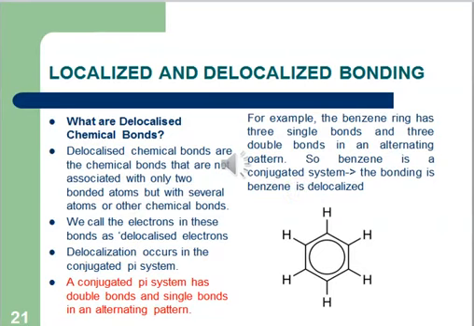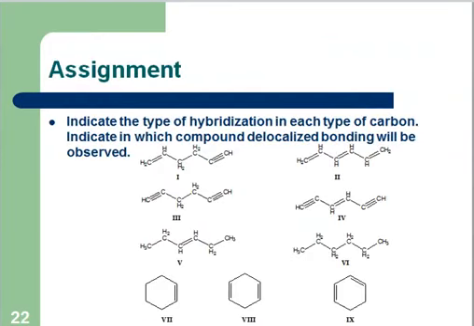Here we have a few structures, and this is your assignment. Number one, indicate the type of hybridization in each carbon. So for this carbon, this carbon, this carbon, and so on, you have to mention the type of hybridization.